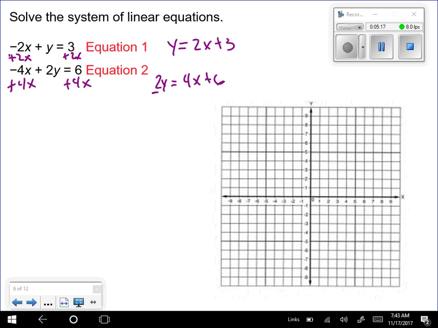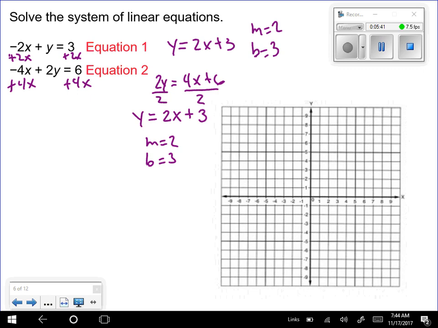I'm not quite done because I got to get y alone, so I'm going to divide by 2, and I end up with y equals 2x plus 3. So again, if you notice something here, we have a slope of 2 and a y-intercept of 3. Here we have a slope of 2, y-intercept of 3.